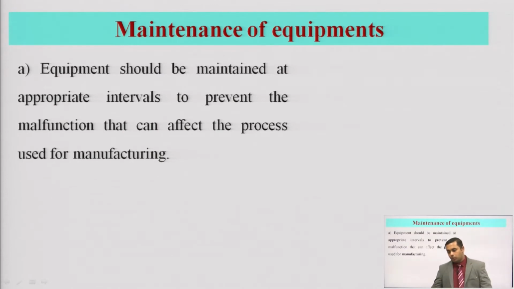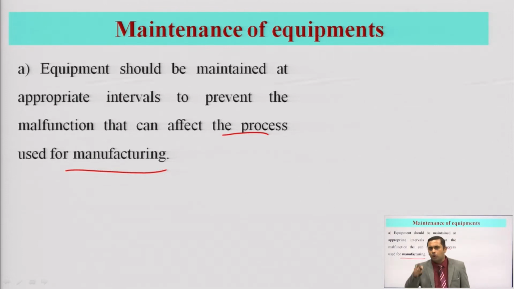You have to understand that equipment should be maintained at appropriate intervals to prevent the malfunction that can affect the process of manufacturing. In my previous lecture, I told you all the details about the equipments, how you can identify a potential equipment for your pharma company, how you can select a good equipment so that production can be increased, and how you can select a good equipment within a correct budget.